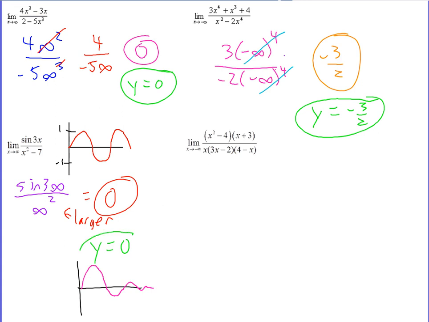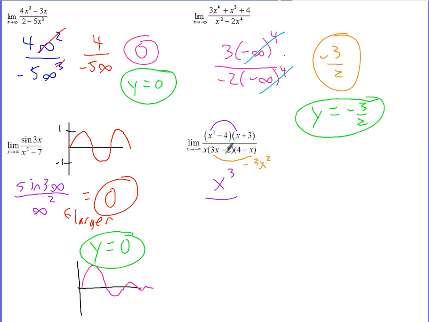Then the next one, sometimes you might have something in factored form. You could multiply it all out if you want, or really you just have to look at the term with the highest exponent. So the numerator gives us the highest exponent, x cubed. And in the denominator, we've got 3 terms. First, you can multiply 3x times negative x, which would be negative 3x squared.